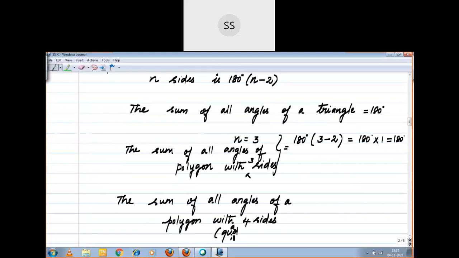Square, rectangle, parallelogram, rhombus, then kite, and so on, right? Which is equal to 180 degree into 4 minus 2, 180 degree into 2, equal to 360 degree.